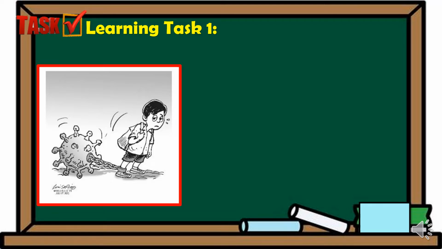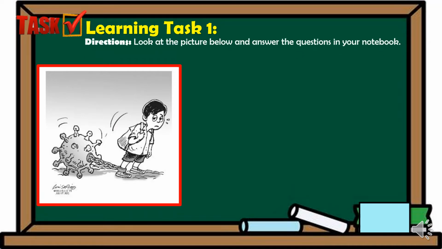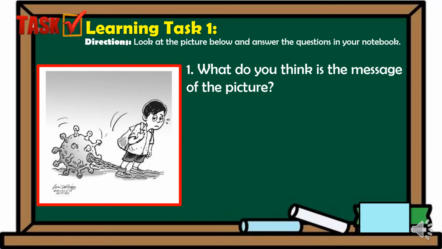This time, let us answer Learning Task 1. Directions: Look at the picture below and answer the questions in your notebook. The first question is, what do you think is the message of the picture?